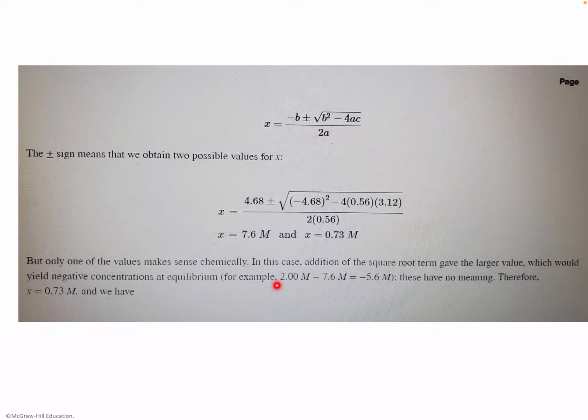For example, if you start with 2 molar and your x, the amount reacted, is 7.6, that doesn't make sense, right? It would be negative 5.6, so there is no meaning. Therefore, x needs to be 0.73. So x is going to be 0.73.